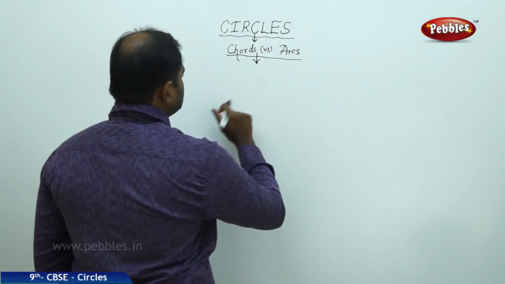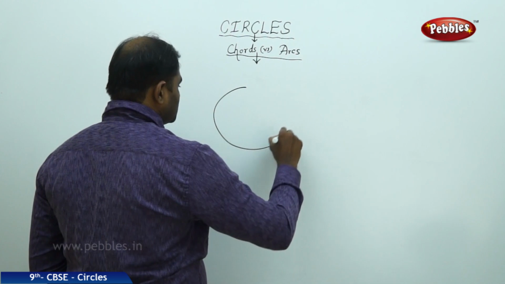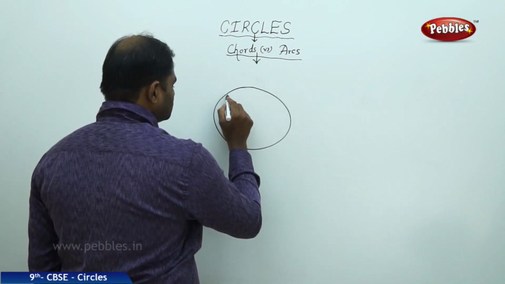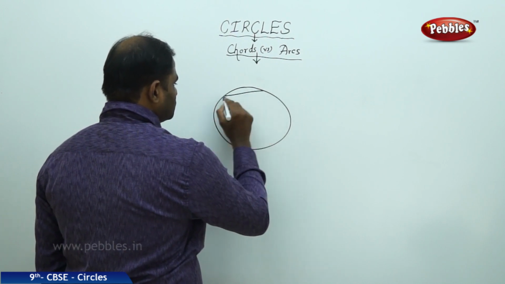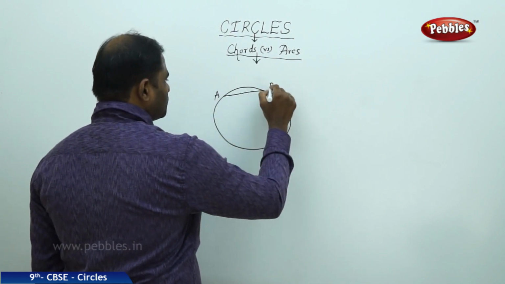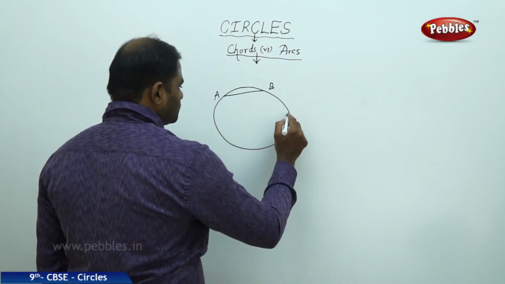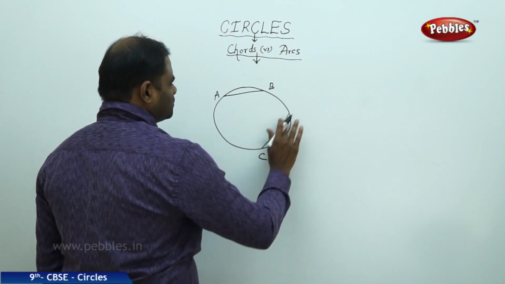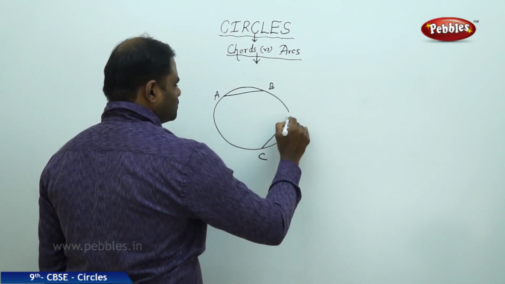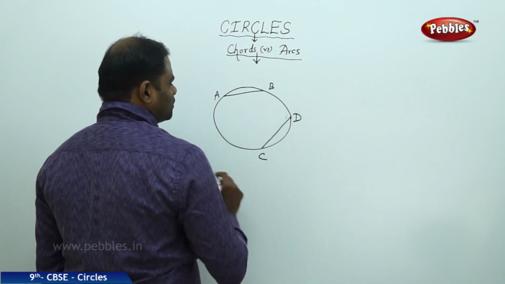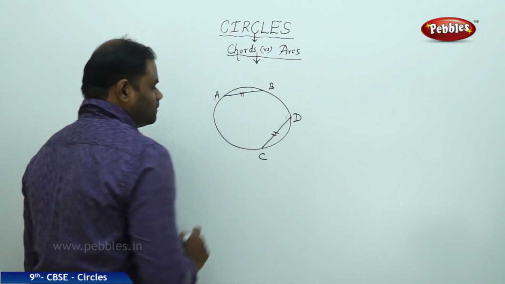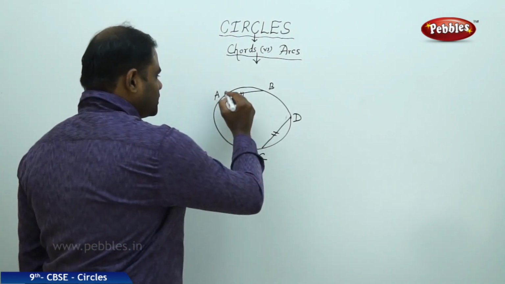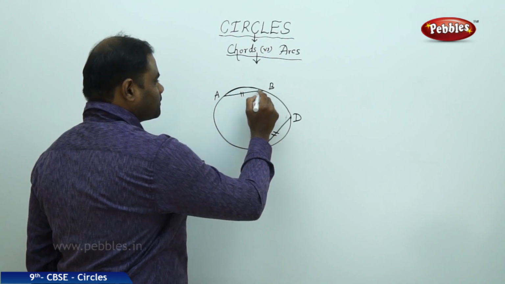So the property says that if I take a circle and two equal chords, say AB is the chord and CD is the chord, such that they are equal. Clearly these equal chords make certain arc lengths.